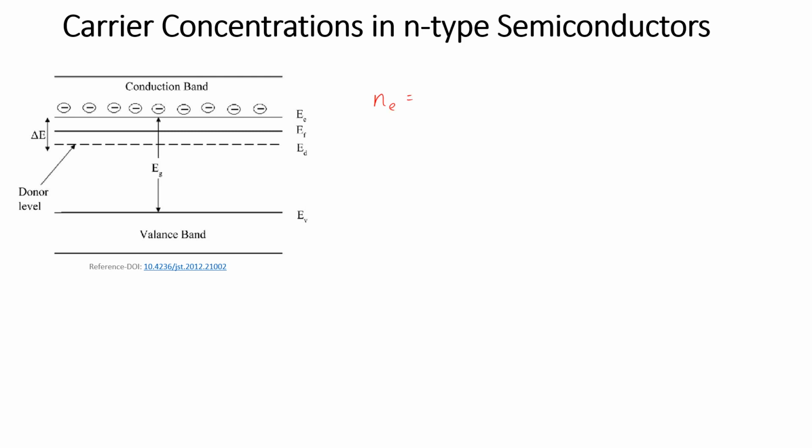Ne is equal to 2 into (2 pi me star kBT divided by h square) whole power 3 by 2 exponential (EF minus EC) by kBT. Please do along with me.